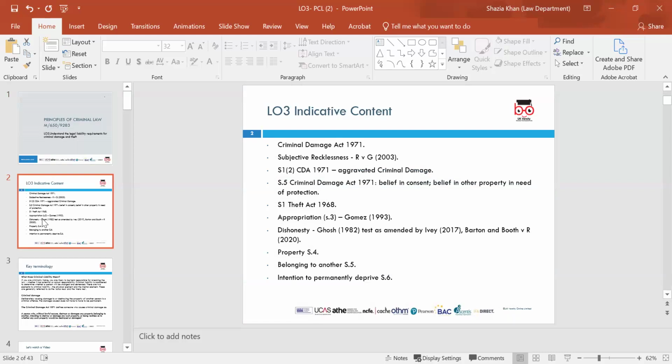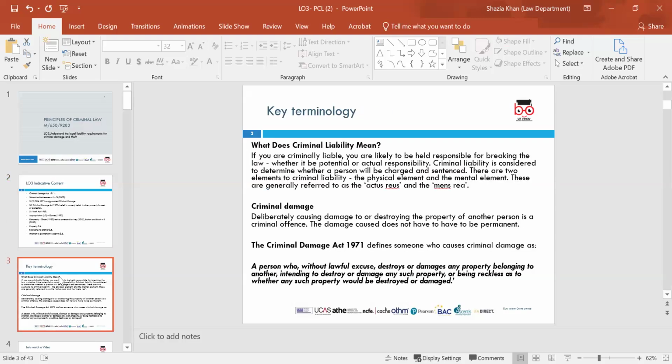Property, Section 4, and belonging to another, Section 5, the intention to permanently deprive. We are also looking at the key terminology. So what does criminal liability actually mean in regards to elements of it, and what is criminal damage, and the Criminal Damage Act 1971, and what that defines as being criminal damage for an individual.